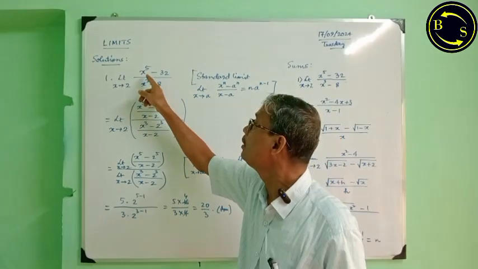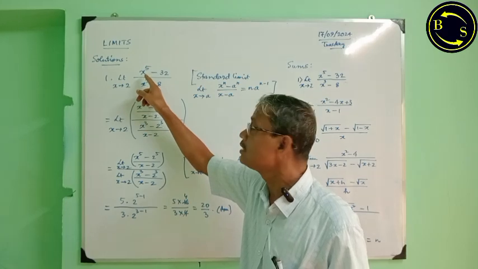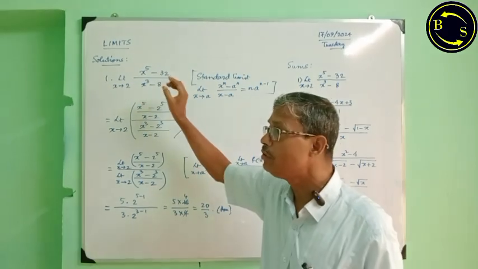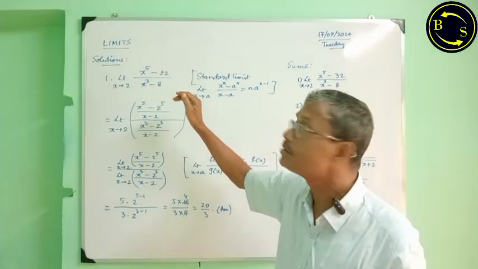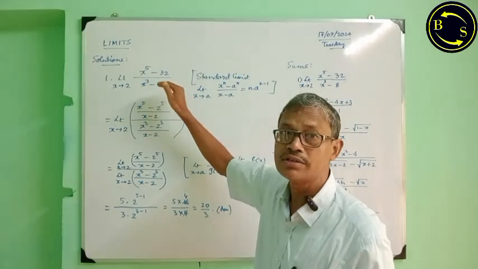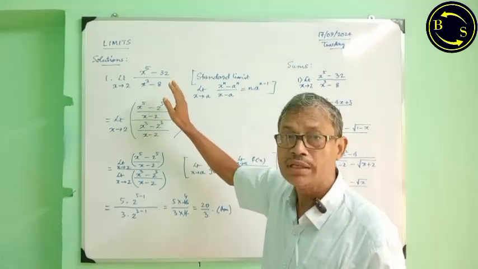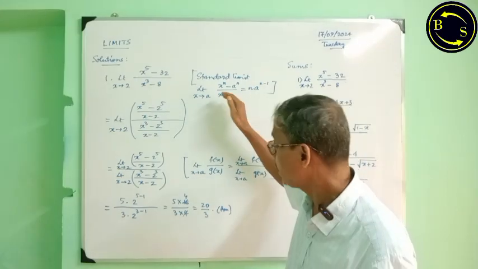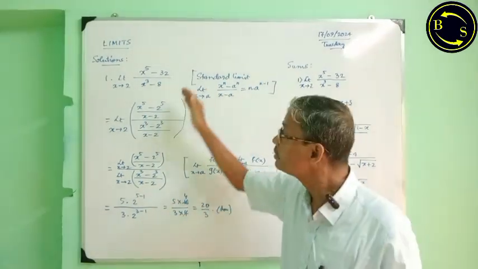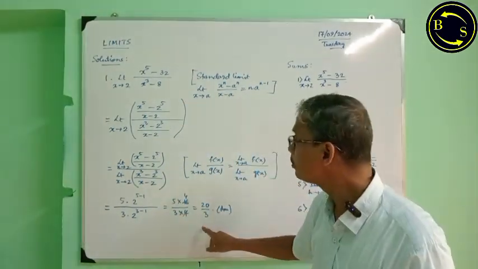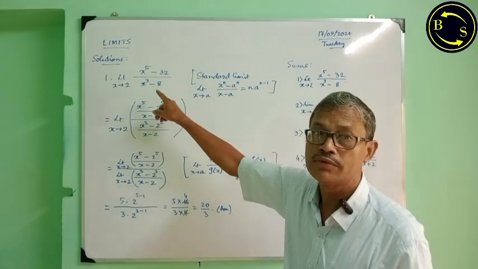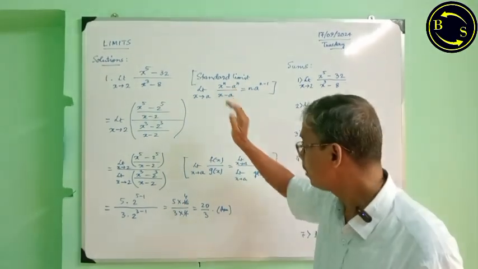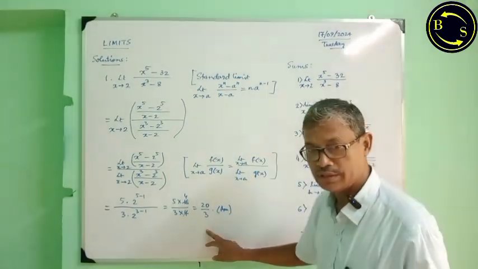But when the highest power of the variable is large, in that case resolving into factors will be time taking. That is why we use the standard limit here. Thus, following these steps, we have got the limiting value of the given sum, 20 by 3.